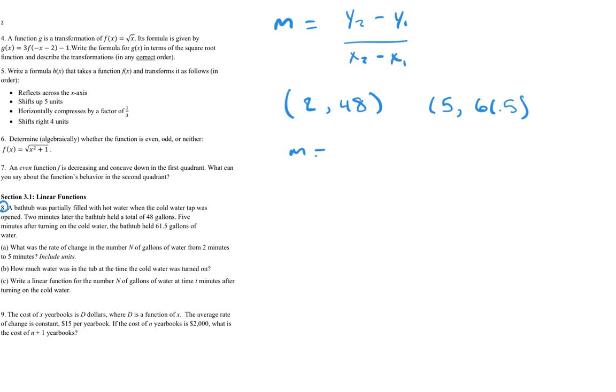We get m equals 61.5 minus 48 over 5 minus 2. So m is going to equal 13.5 over 3, or 4.5.